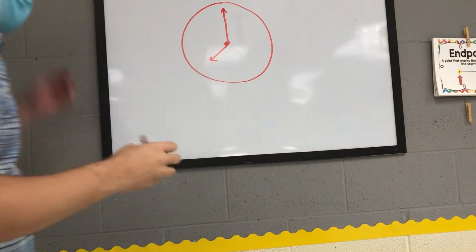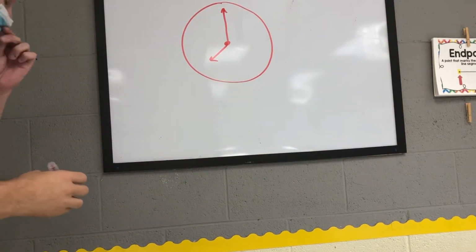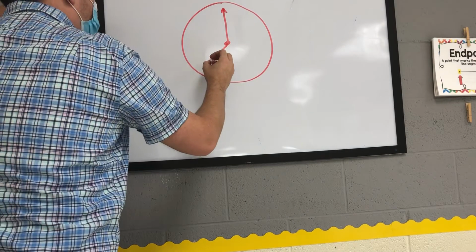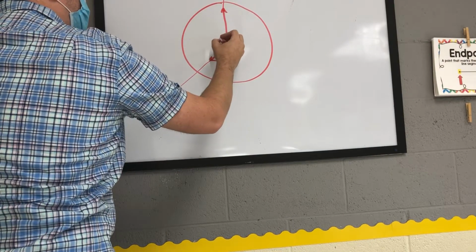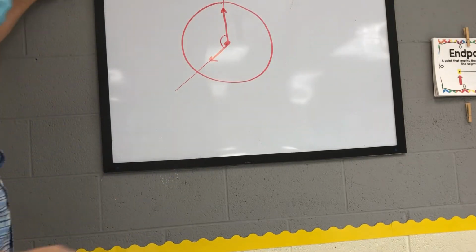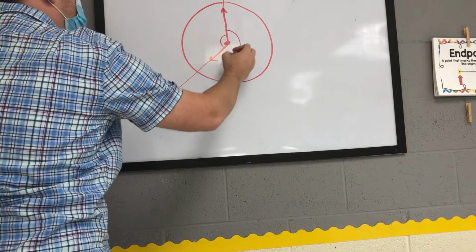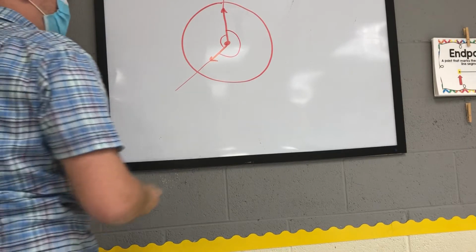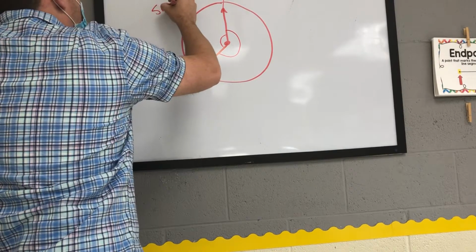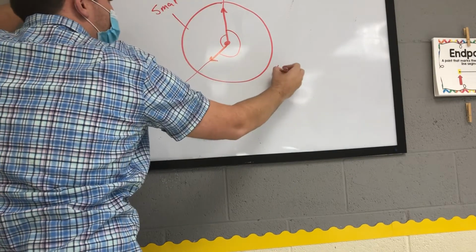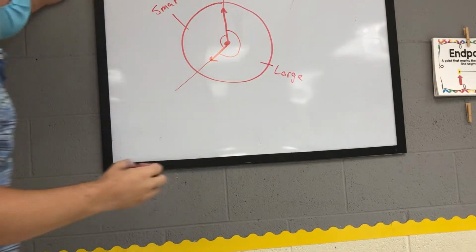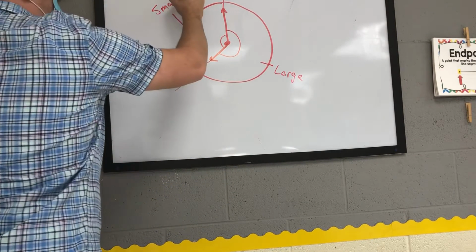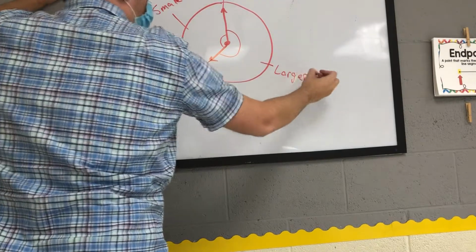Now, ideally, these lines would come straight on out. And you've got an angle here, don't you? You also have an angle here. This is the small angle. This one's the large angle. The smaller angle and the larger angle.